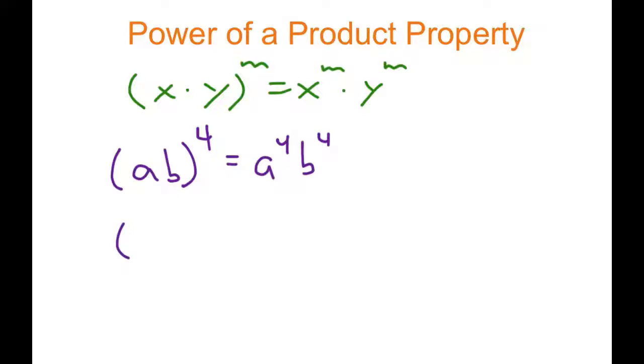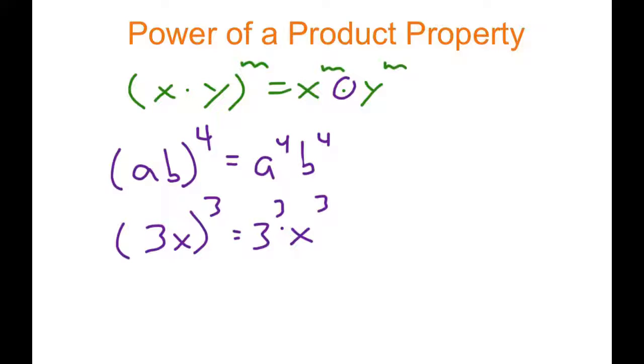Let's try another. Let's do, in parentheses, 3x to the third power. So 3 is going to go to the third power times x to the third power. And notice I didn't put a dot right there or right there like you see in the example. You can put a dot there, but you don't have to.